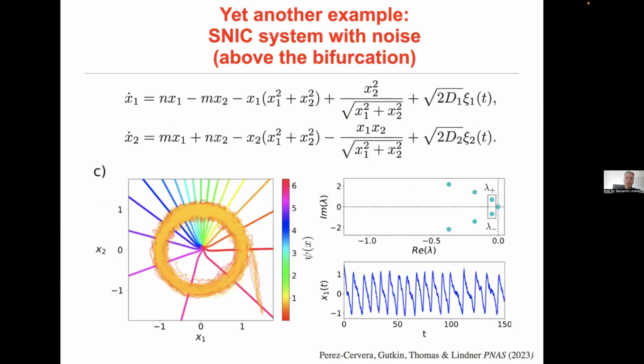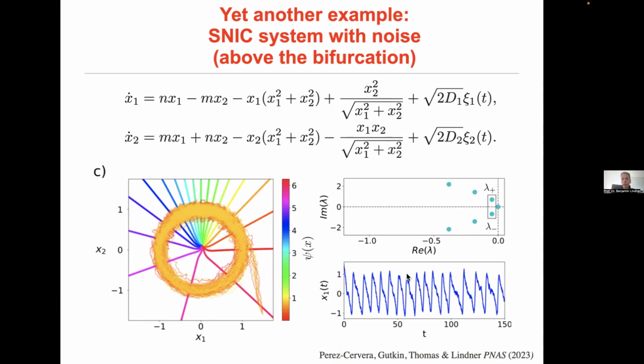My third example is a SNIC system, so a saddle node on an invariant circle system with noise. So this has some interesting asymmetry, a slower part of the dynamics where the system slows down on the way down. It is here x1 plotted, so this slows down, and then there's a very rapid increase in the upward motion. Yeah?